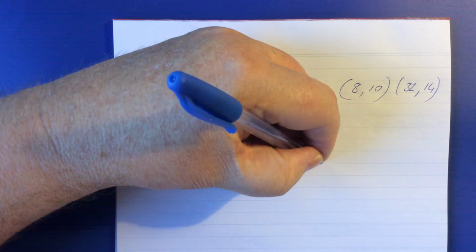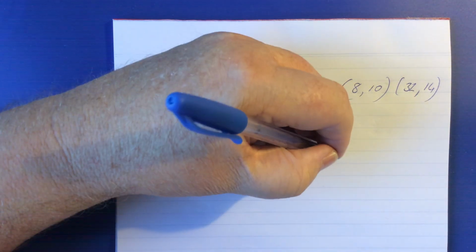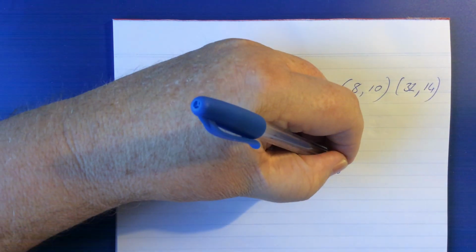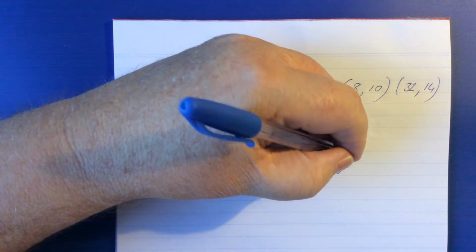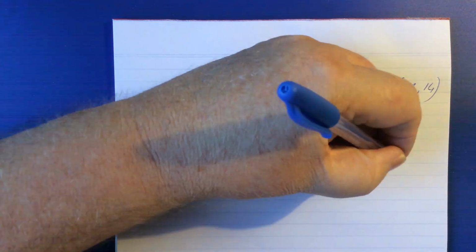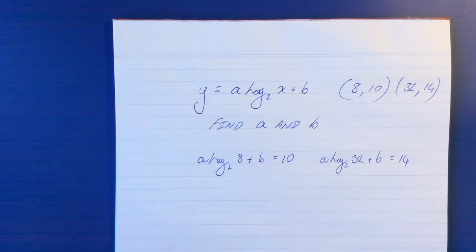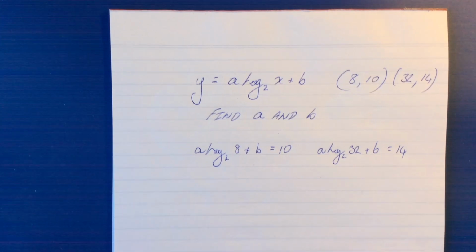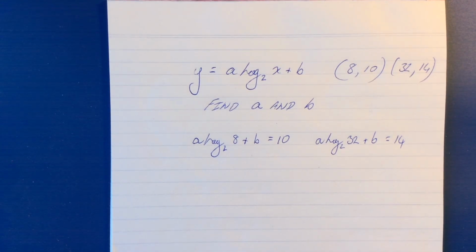We can also say that a times log 2 of 32 plus b is equal to 14. And the keen-eyed amongst you might think that this is wonderful grounds for a simultaneous equation, but I think that probably there's a better way into this.